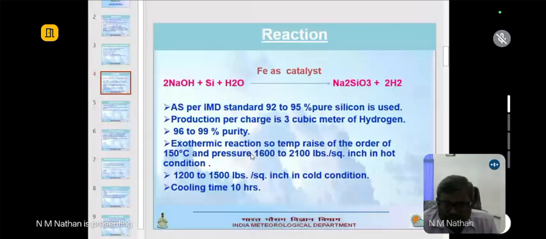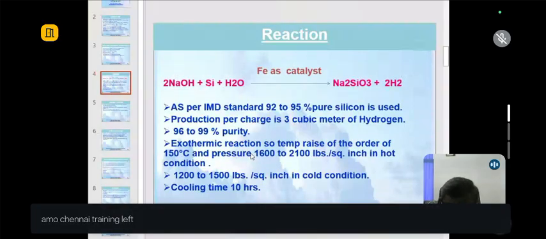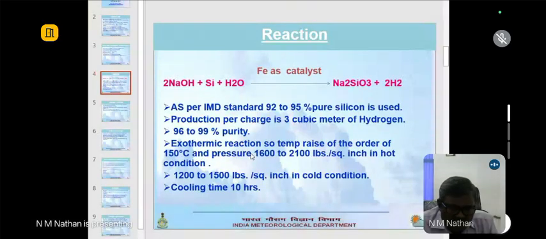For example, if this morning we consume from one cylinder, then immediately after releasing the balloon we will recharge the cylinder, and that cylinder will be used the next day. Sometimes you can use it in the evening, but you have to ensure that proper cooling has taken place. If it's not properly cooled, then you have to wait for some time, or pour water over the cylinder to cool it, then you can use it. That is for emergency purposes only.